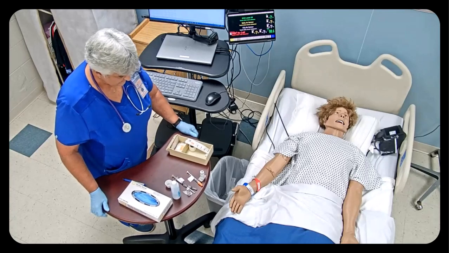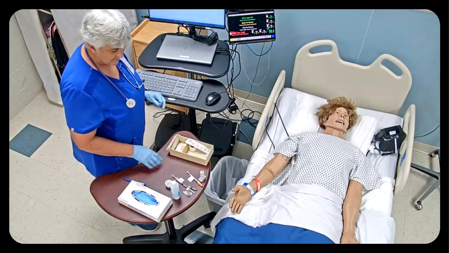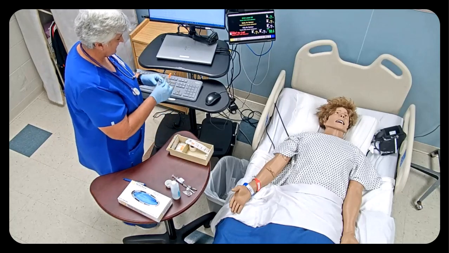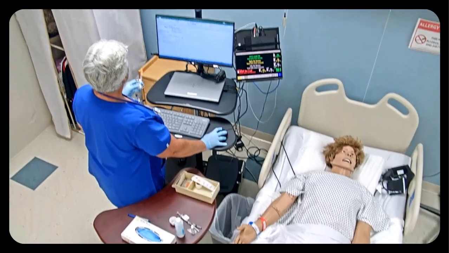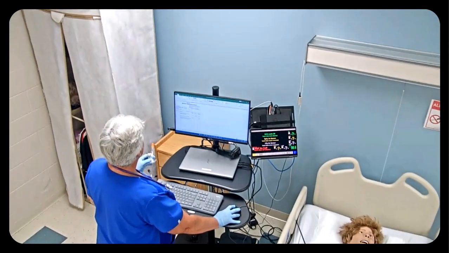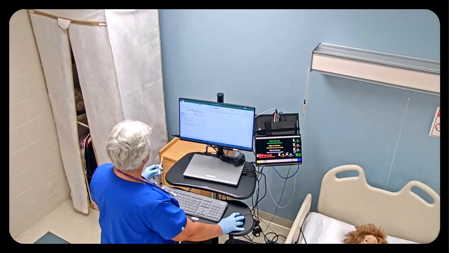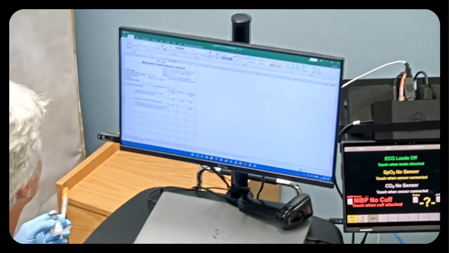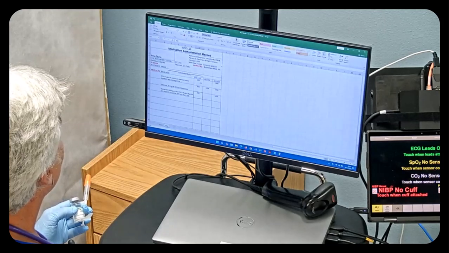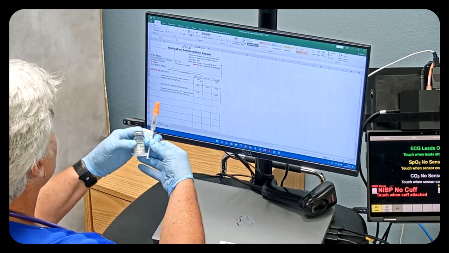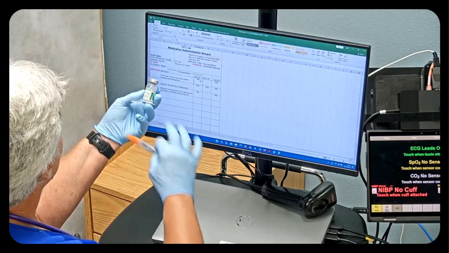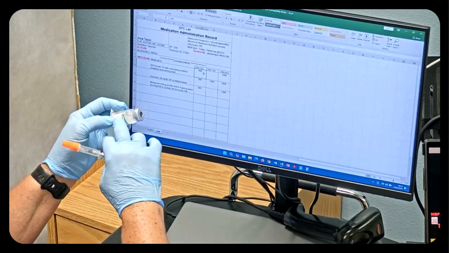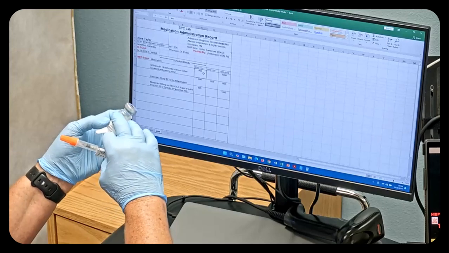Okay. So now I'm going to go ahead and do my second check on my medications. I've got Anna Taylor, date of birth 4/24/1991, no known drug allergies. I have NPH insulin 14 units, subcutaneous, before breakfast and evening meal. I'm giving the 9 o'clock dose. In my hand, I have NPH insulin U100, okay? It had not expired.